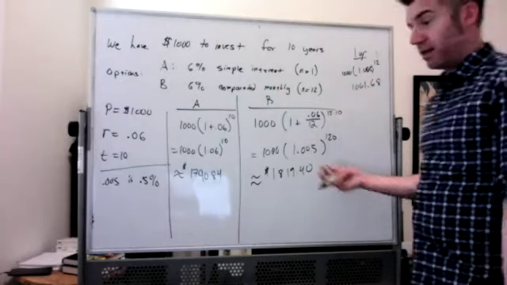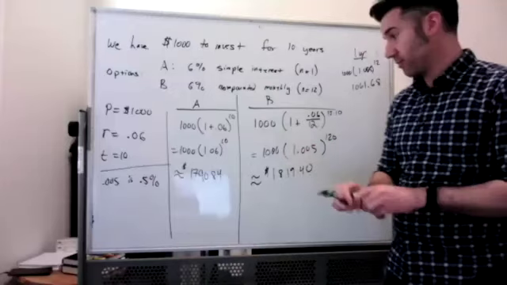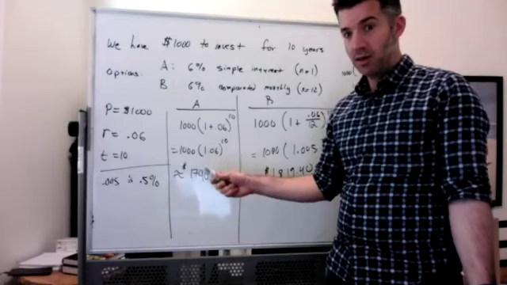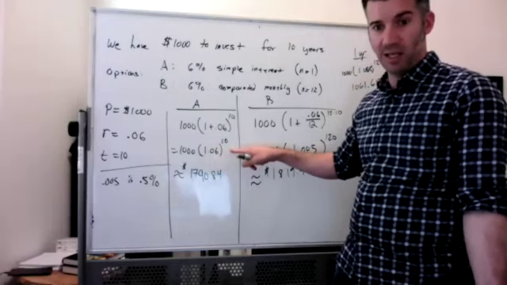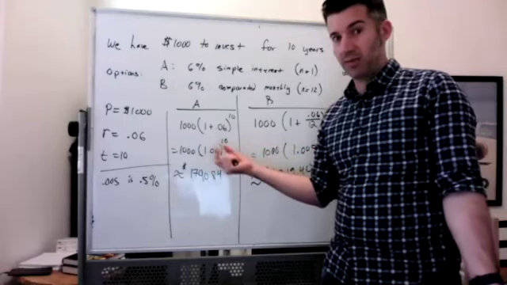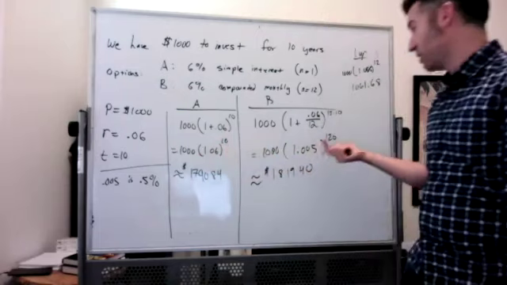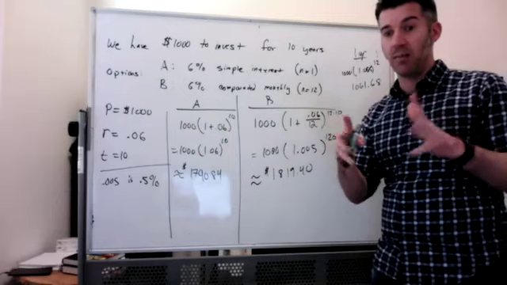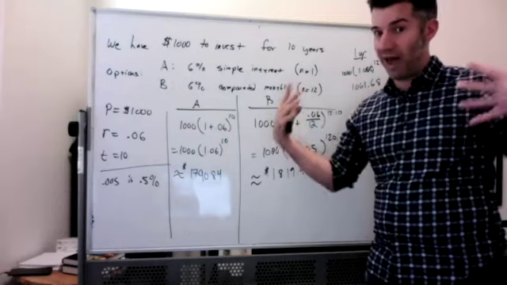And again, I'm going to say this one more time because I think it's worth saying. Here, we compounded once a year for 10 years. So we have 1.06 to the 10th power. So 6% every year for 10 years. Here we did 6% compounded monthly. So we divided that 6% of interest up into 12 equal 0.5% portions.